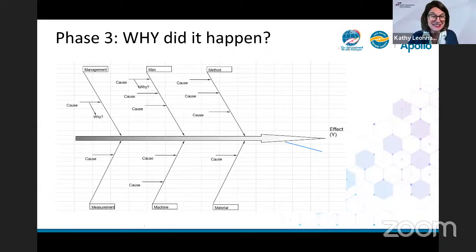And you see this on the diagram, asking, but why did that physician start working in the hospital without completing their orientation? Why did he not have a senior consultant available? Right? So you start asking what we call the 5 whys. It may be 3, it may be 6 times that you ask that why.